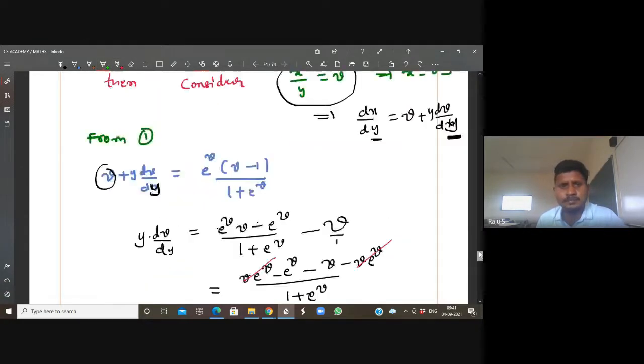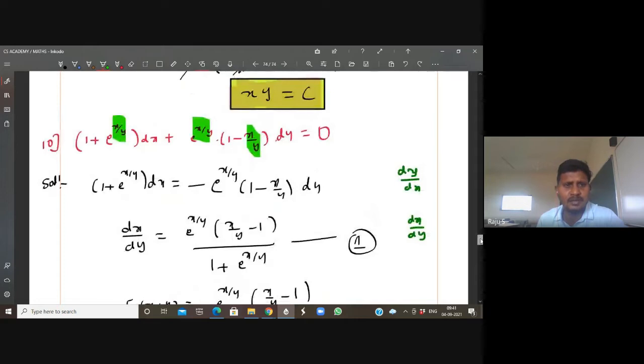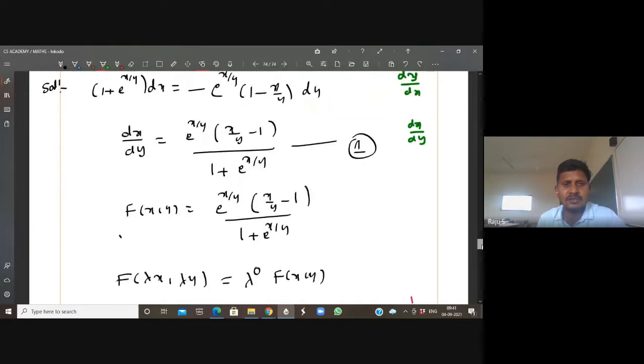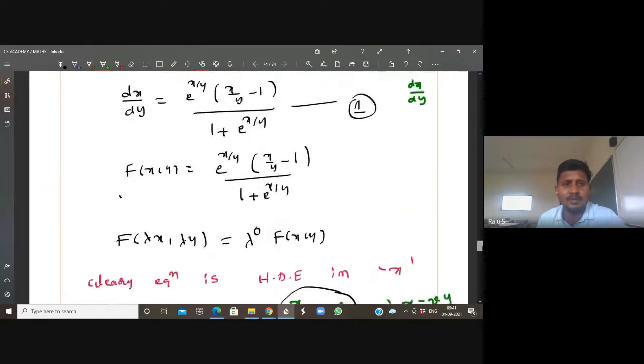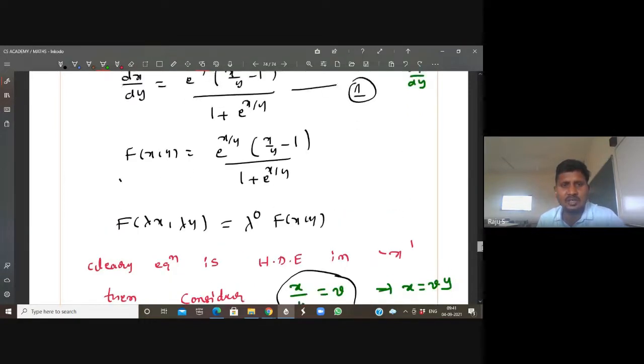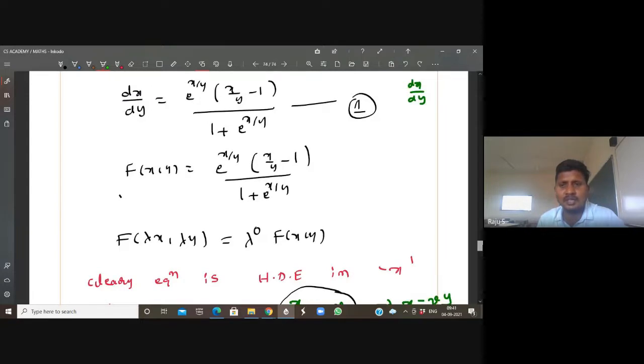Once again, in the question x by y is there. Whenever x by y is there, it is linear in homogeneous in x. First change to standard form, observing that the LHS must be dx by dy. After that I check whether it is a homogeneous function of degree 0 or not.